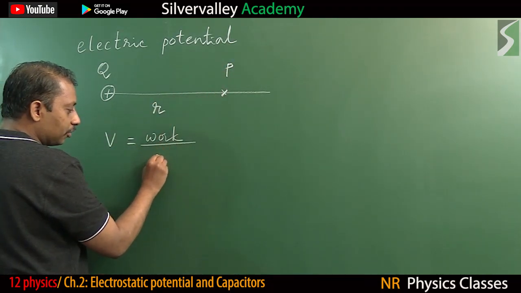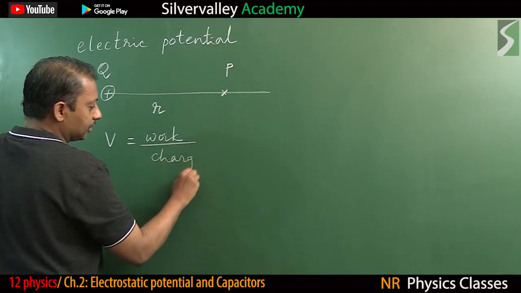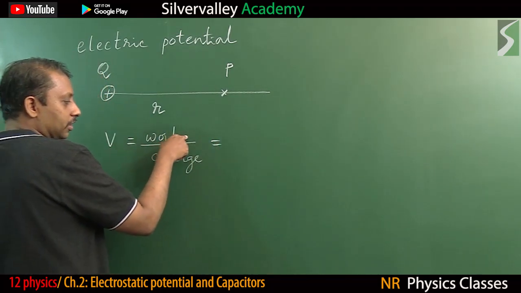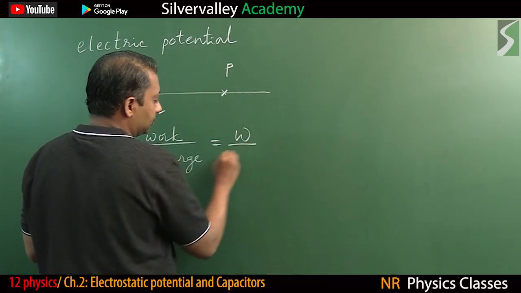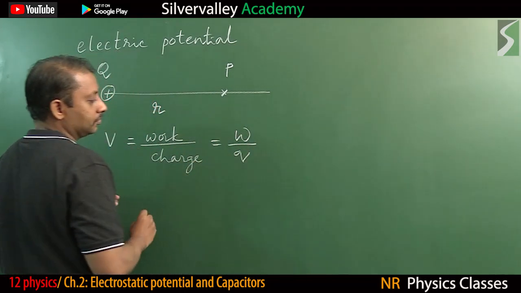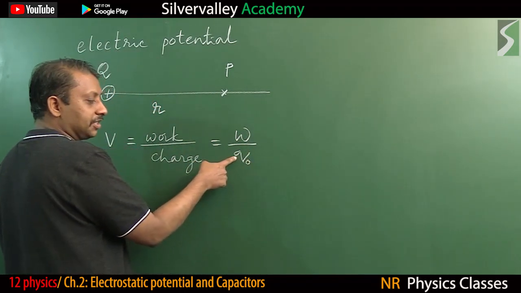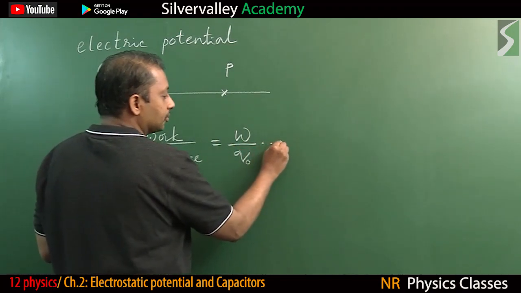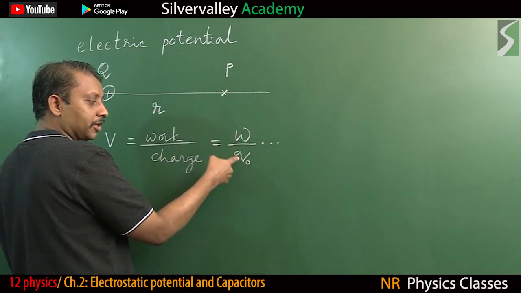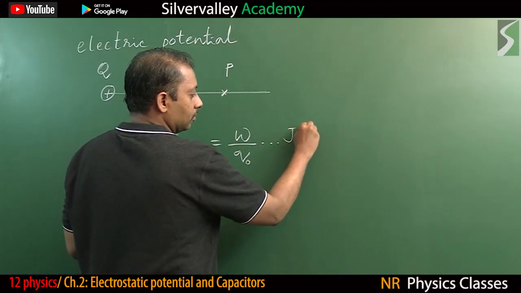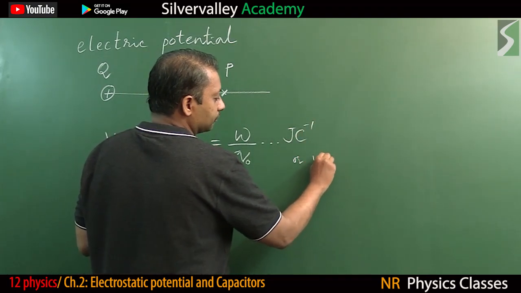Work done per unit charge, isn't it? So work done per unit charge; usually the test charge is denoted by Q naught. So the SI unit is joule per coulomb, or volt.